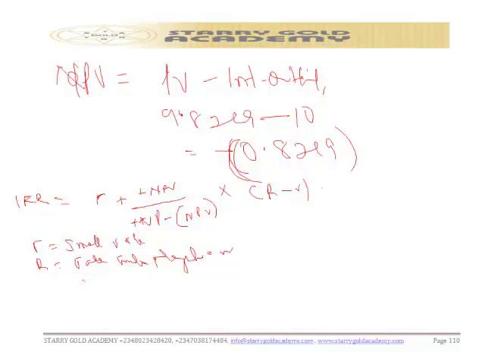Our small r is 10%. Now our IRR is equal to 10% plus positive NPV.